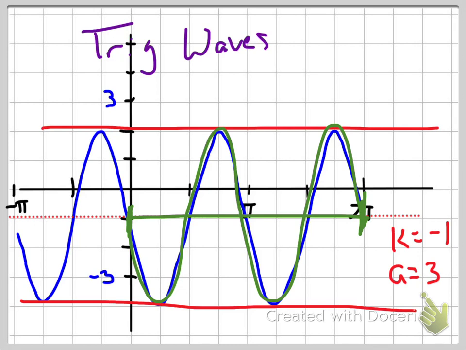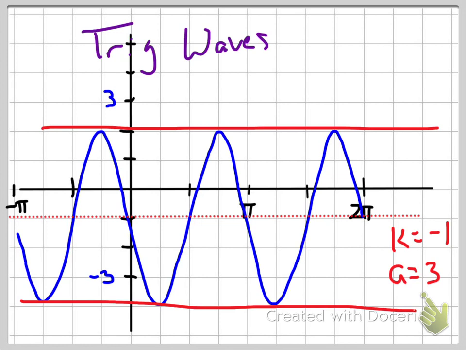So if there are 2 cycles in 2 pi, that means the B value is 2. The period then would be pi. But if I'm coming up with the equation, I don't need the period for the equation. I just need the B value for my equation.